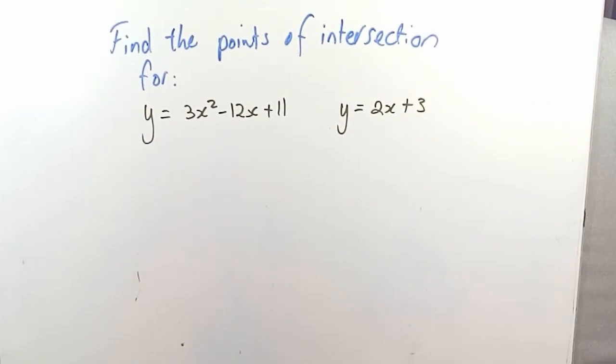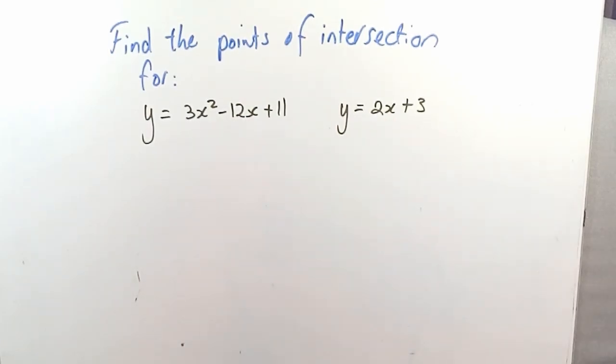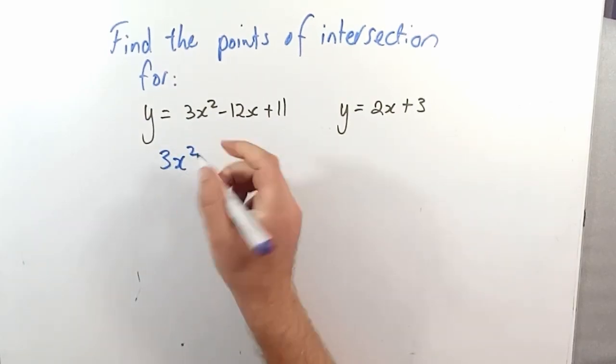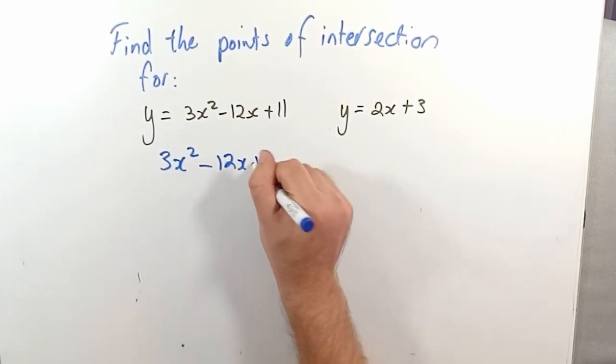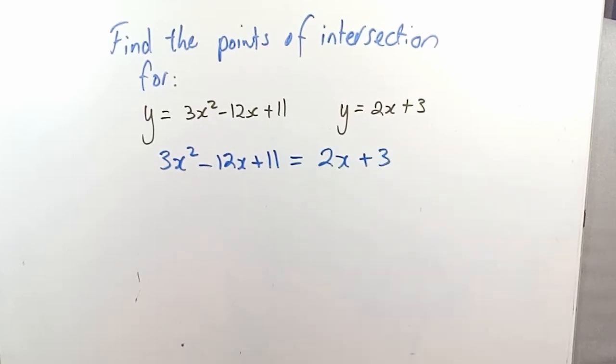Alright, last one. Excellent. Find the points of intersection of these two lines, or these two curves. So I've got a parabola and a line. So we want to find when they intersect each other, so when they're equal to each other. So we just set them equal to each other. 3x squared minus 12x plus 11 is equal to 2x plus 3.